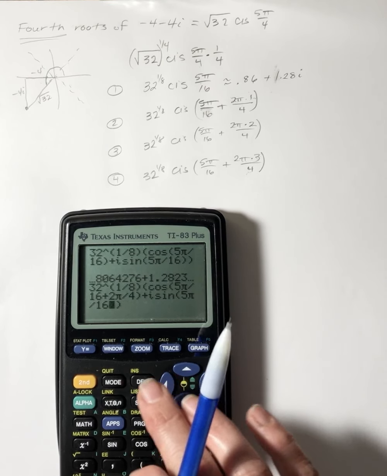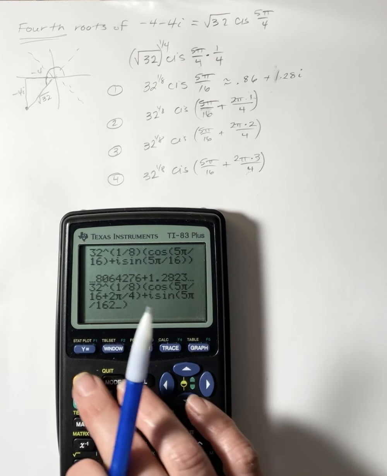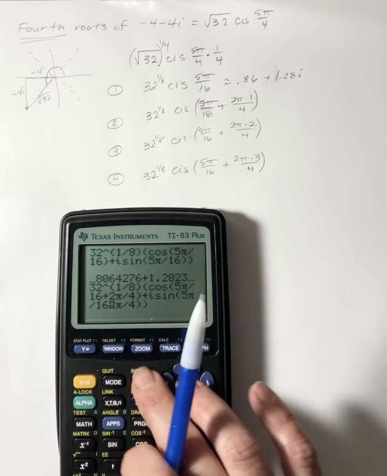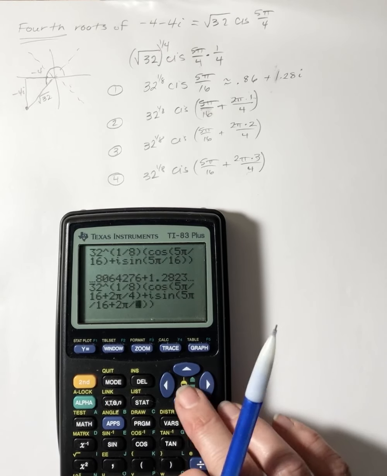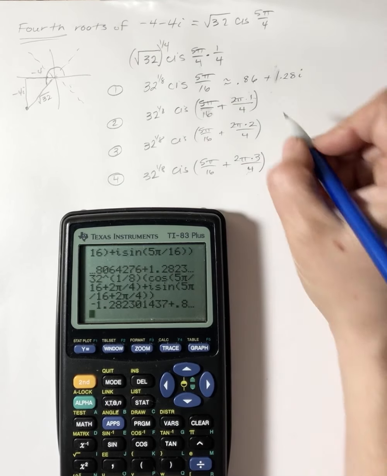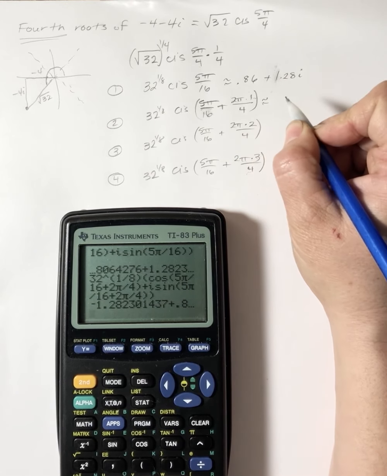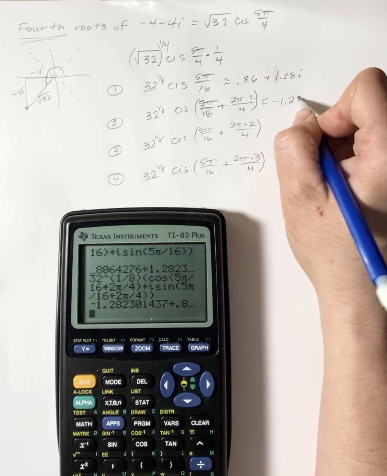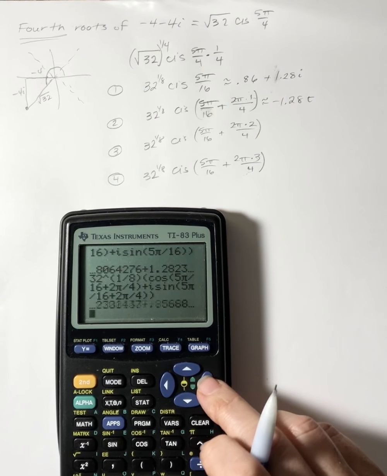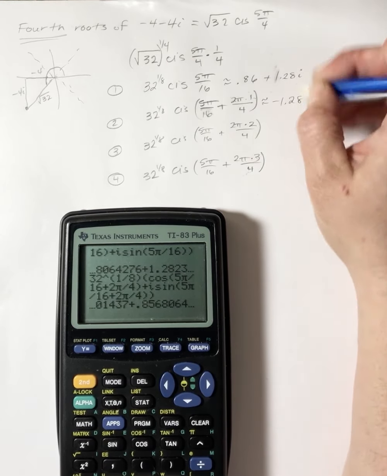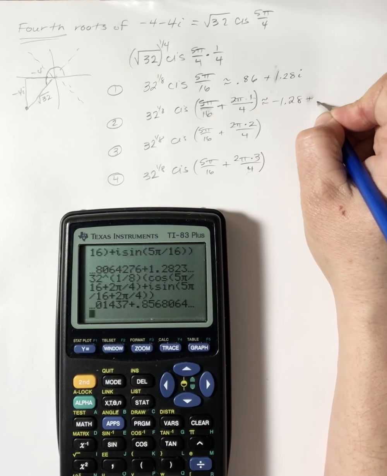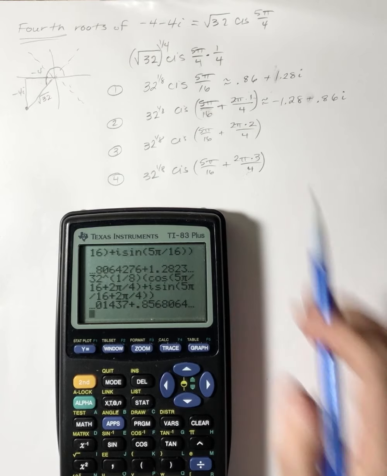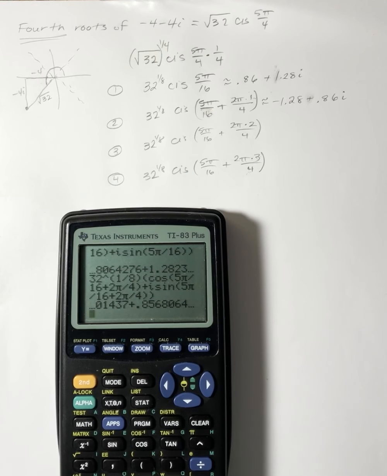And then down here, I'm going to do second insert, and I'm going to do 2 pi divided by 4, plus 2 pi divided by 4. So my second answer is negative 1.28 plus 0.86i. Notice those very similar numbers.